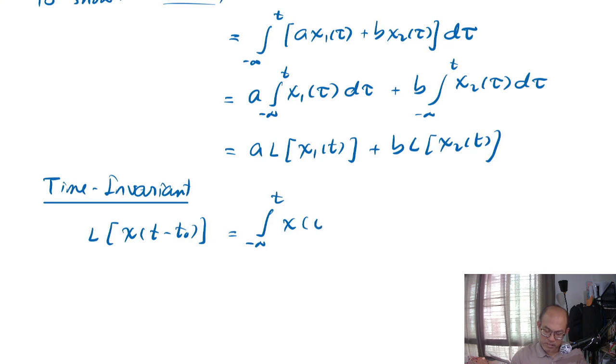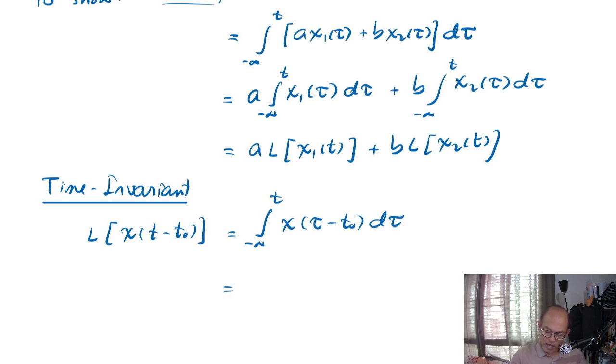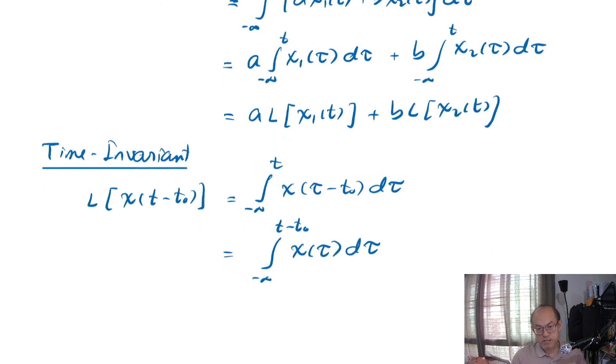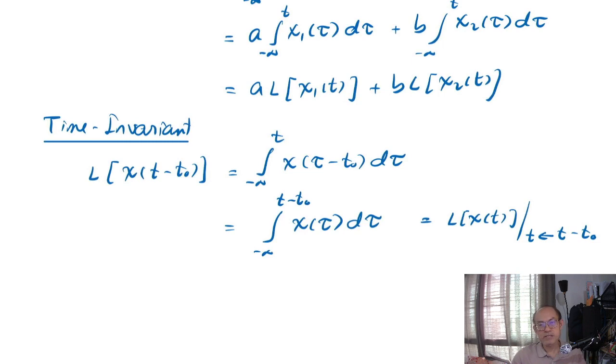Now I can change a variable, so I have the integral from minus infinity of x(tau) d tau, where the upper limit has to be t minus t0. This is from change of variable in calculus, and this is L of x(t), replacing t with t minus t0. So from this last step we know the system is time invariant.